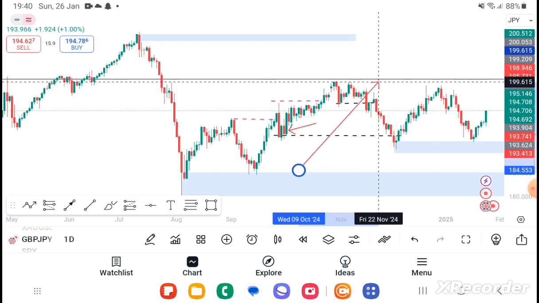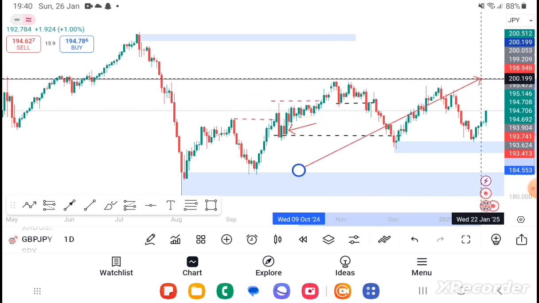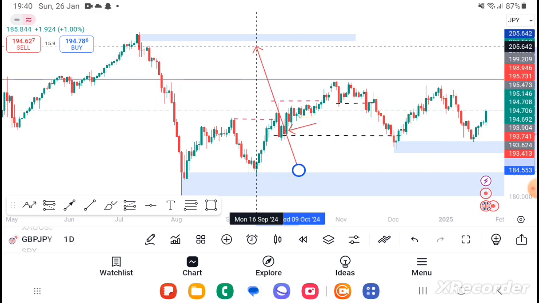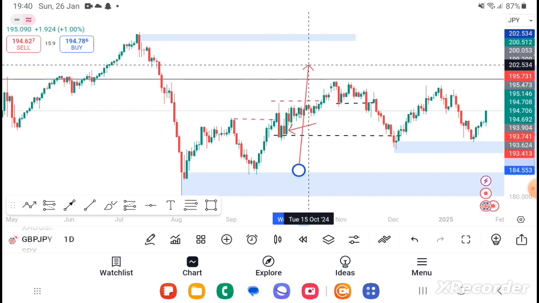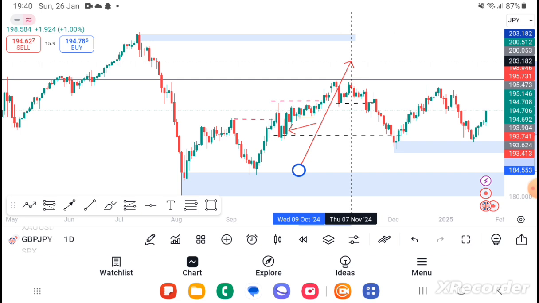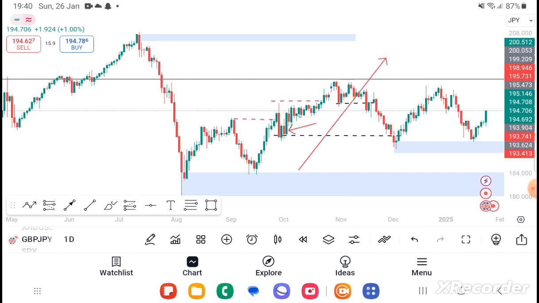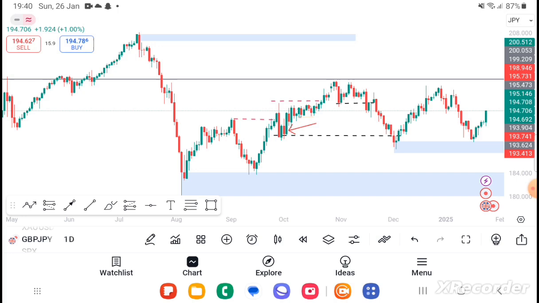Once it gets to this side, it means that it will come and take out this liquidity on the top here, and then fall a bit, and eventually use it to rally up to this point. Okay, but you're seeing some reactions of sales over here and ultimately in this order block. GBPJPY is a pair that loves order blocks, so it will always like to react off an order block.